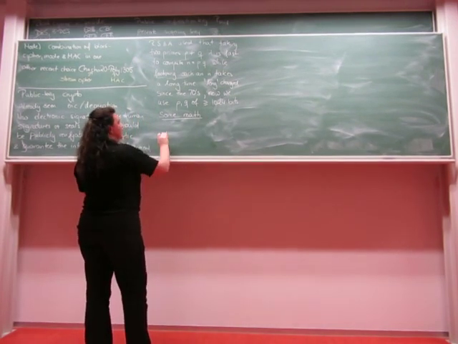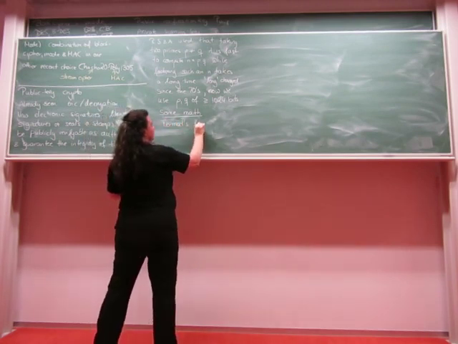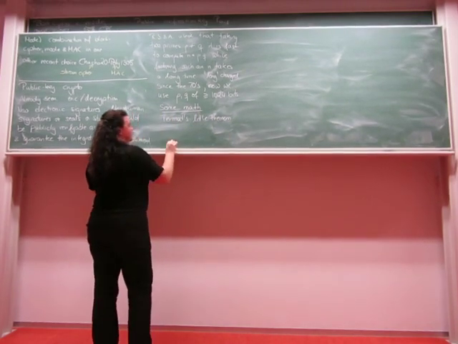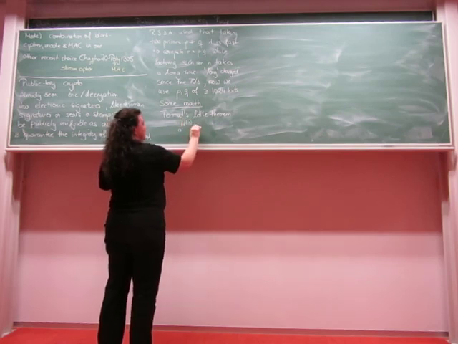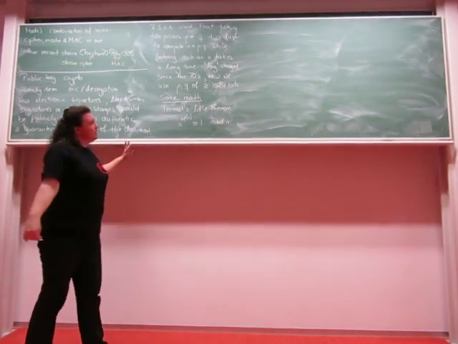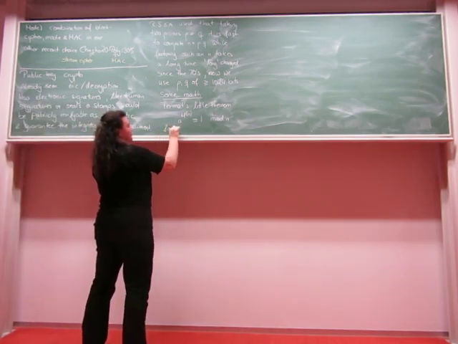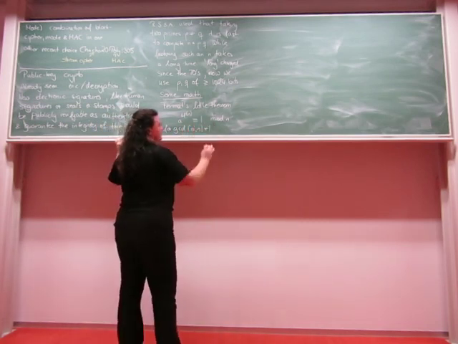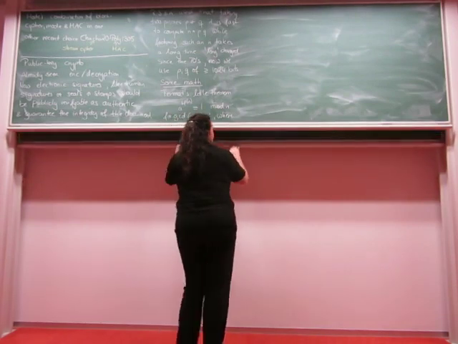You should have seen Fermat's little theorem, which says that a to the phi of n is congruent to 1 mod n, for a being co-prime to n, that is, if the GCD of a and n is 1, and this phi of n is Euler's phi function.